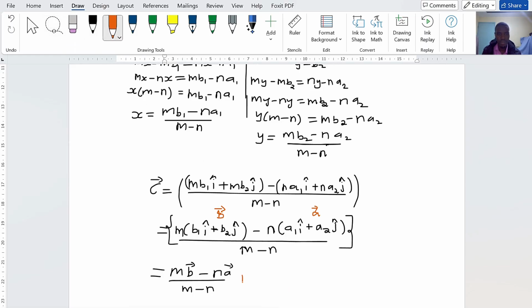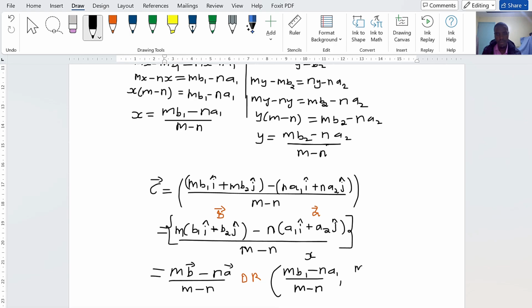Or we can just put them together the way they were as a coordinate, so that we are going to have MB1 minus NA1, all divided by M minus N, comma, this is for x.